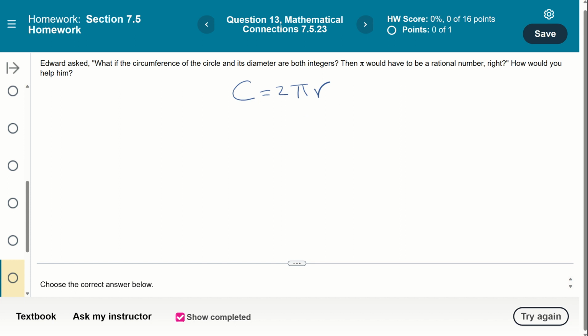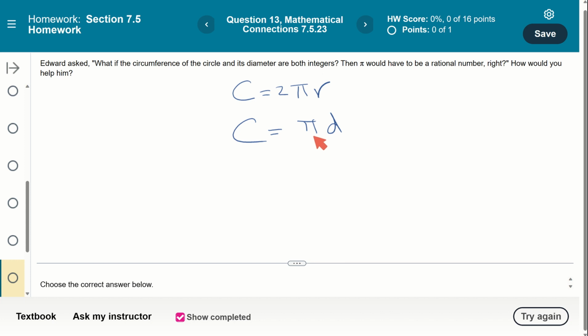What would we have to do? Well, we would have to divide both sides by 2r, right? Well, let me actually show you, and before we do that, let's make it easier. You know that 2 radii gives 1 diameter, right? So another version of this is C equals pi d, where d is the diameter, right?